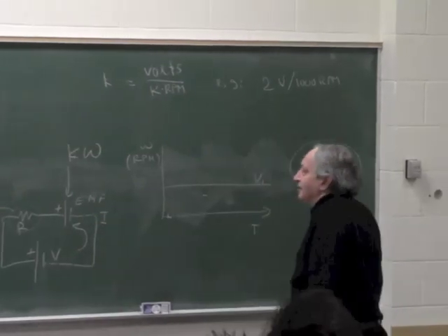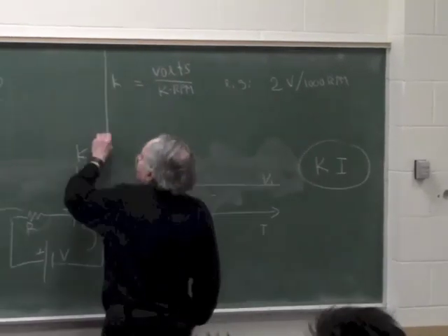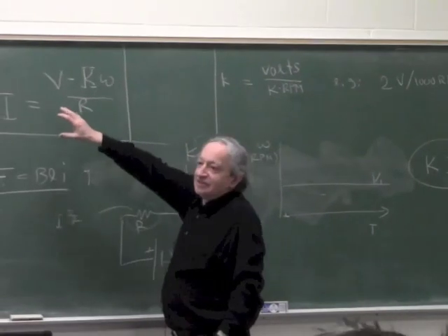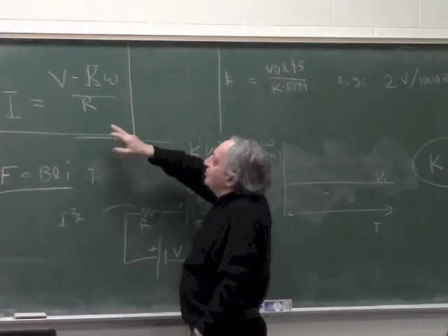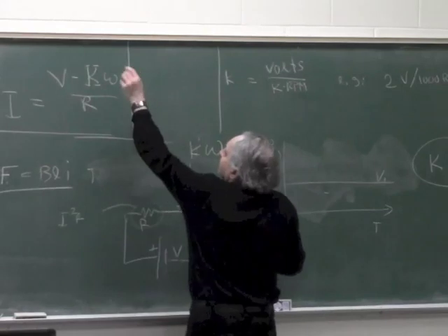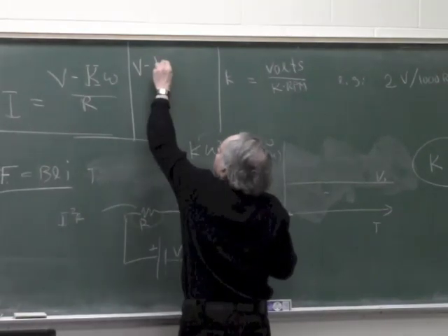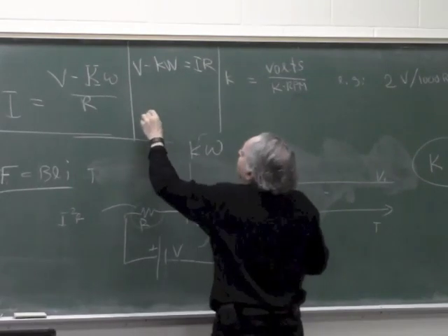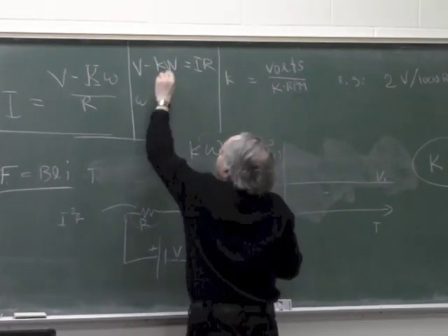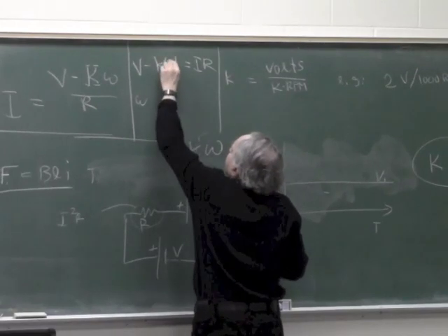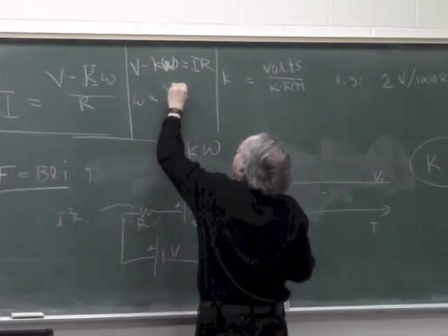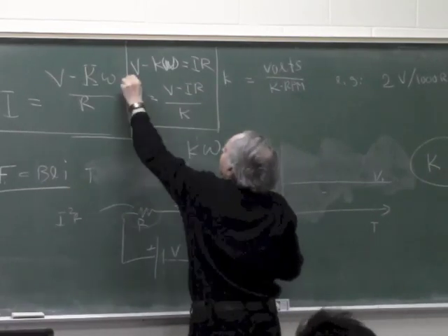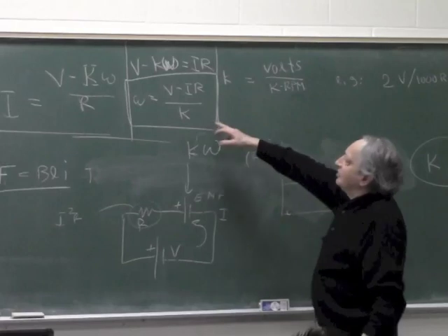Okay? Sometimes it's more visible if I take this top equation and rewrite it, and then it becomes more intuitive, because I can rewrite this equation as V minus K omega equals IR, and therefore omega equals V minus IR divided by K, and in this form it is a little bit more intuitive.